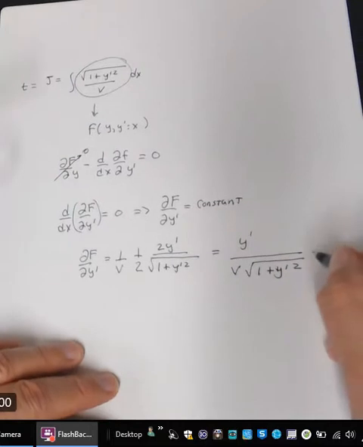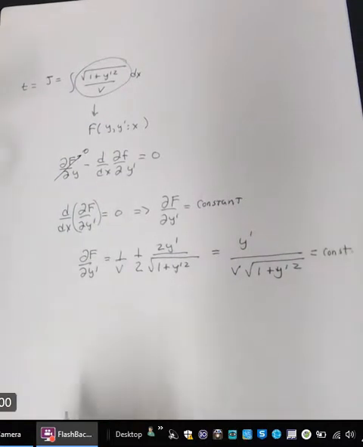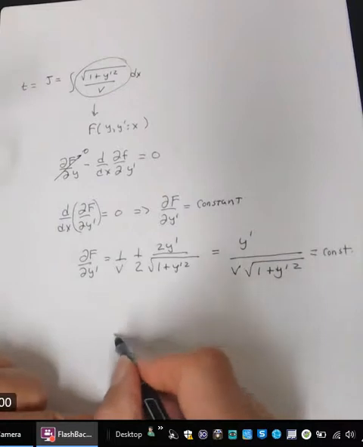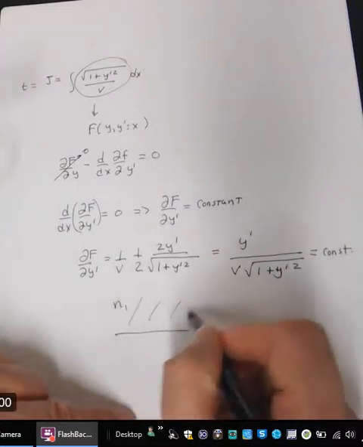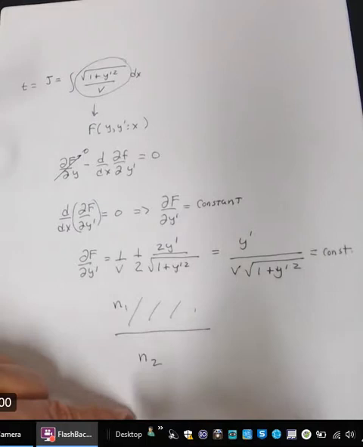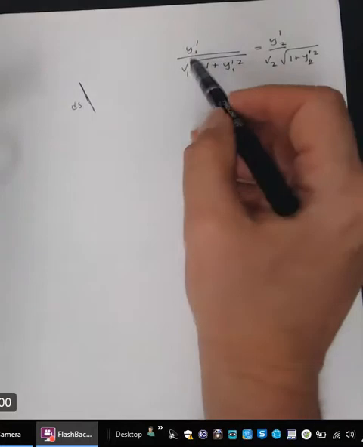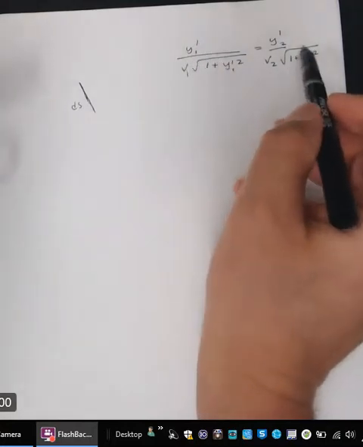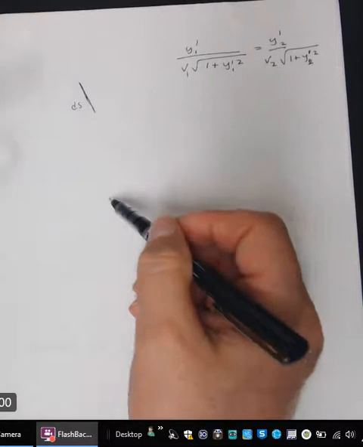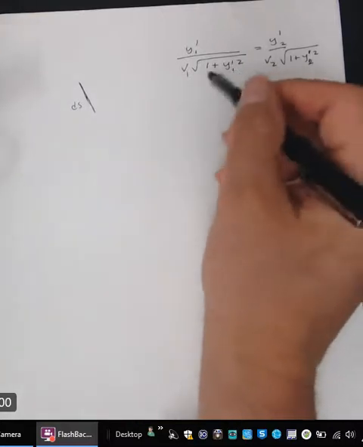So that is equal to a constant. So that means that's the same on this side of the boundary as on this side of the boundary. So we have this quantity on one side of the boundary equal to that quantity on the other side of the boundary. But this does not look like Snell's law.